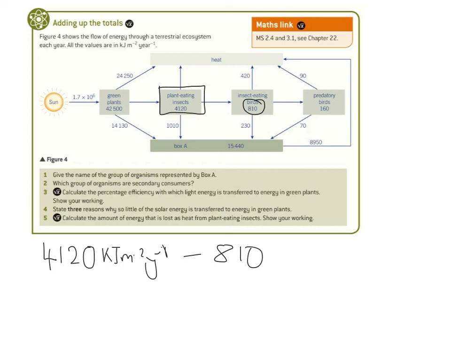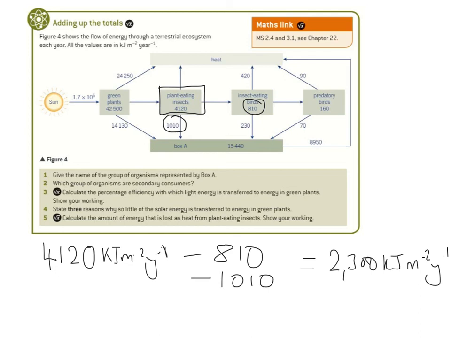So I can account for that. I can also see that from the plant-eating insects, 1,010 is lost to box A, which I'm not going to talk about because that's obviously the answer to question 1. So if I take those two from 4,120, I get 2,300 kilojoules per metre squared per year. Okay, must be lost as heat.